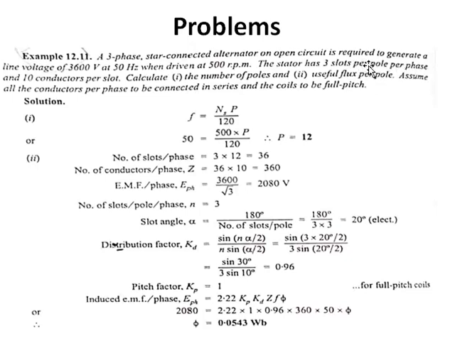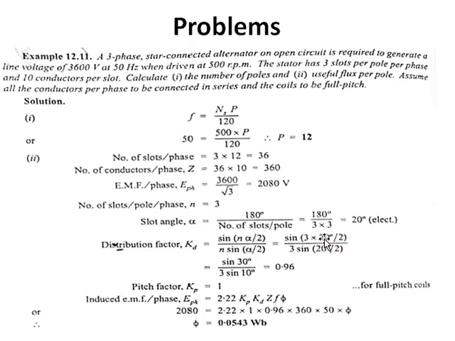So if you multiply this with 3, that is 3 into 3, we get the number of slots per pole, and alpha is 20 degree. And what is n? n is the number of slots per pole per phase. That is the n value. n is given as 3.